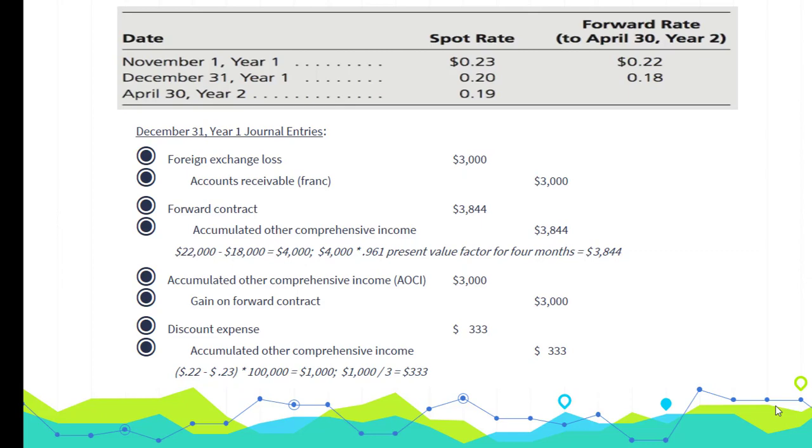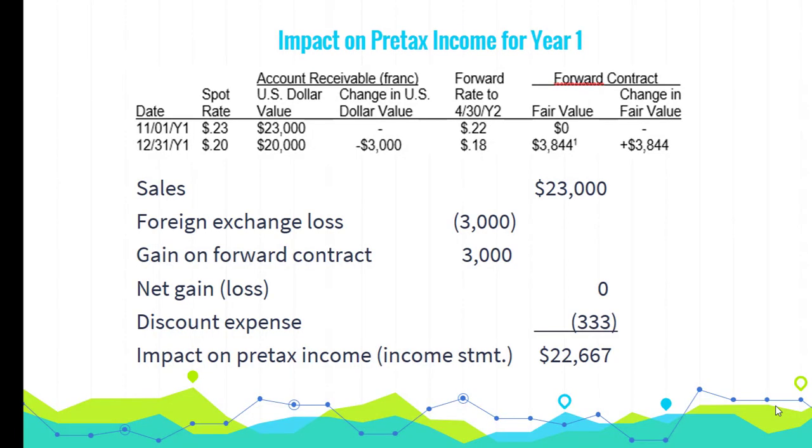So we take the $1,000 and divide it by 3 because 2 months is 1/3 of 6 months. So therefore, Alexandria Company recognizes discount expense via a debit of $333 and an offsetting credit to accumulated other comprehensive income of $333.